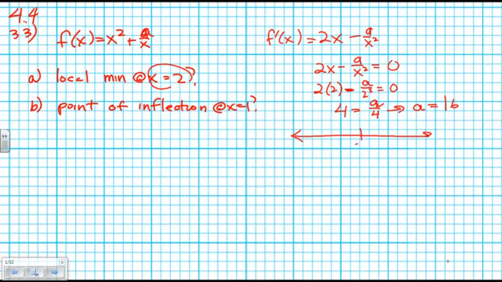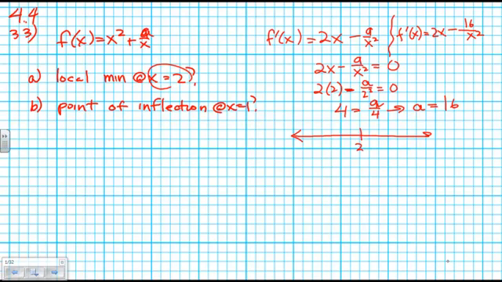So if we're at 2, if f prime is equal to 2x minus 16 over x squared, if we have a number that's way bigger than 2, this is big and positive, this fraction becomes pretty small.